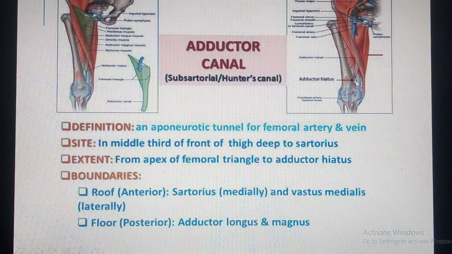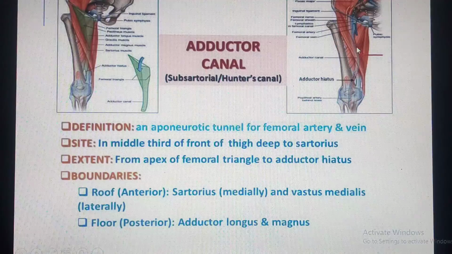It is roughly 15 centimeters long, and it will extend all the way from the apex of the femoral triangle and end at the adductor hiatus.